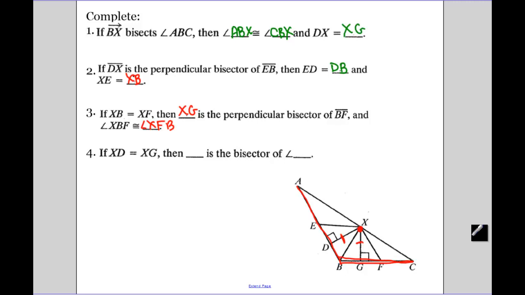Those are both equidistant from the sides of angle ABC. So therefore, XB is going to be our angle bisector. So XB is the bisector of angle ABC.